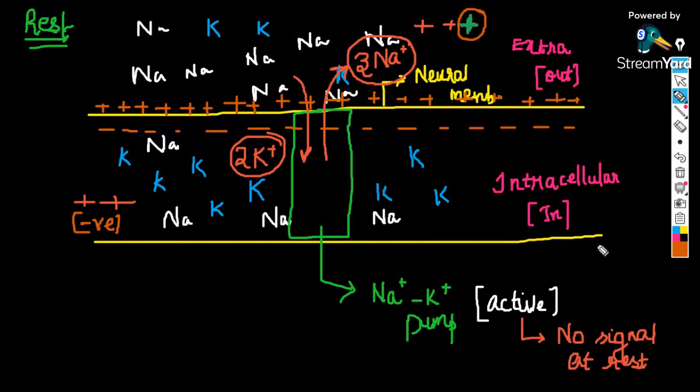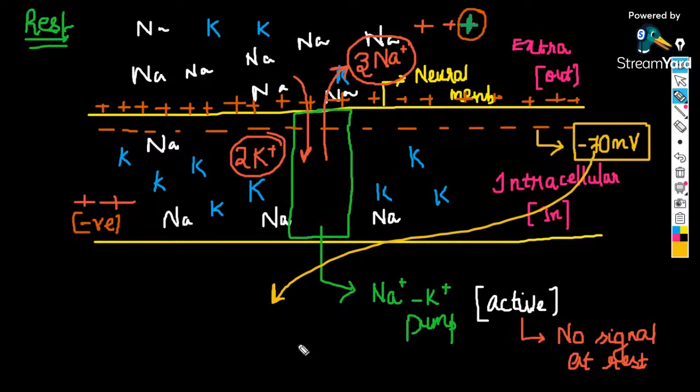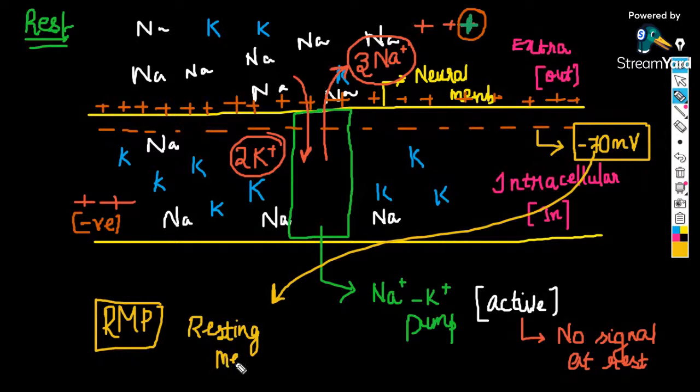The negative charge inside is actually minus 70 millivolt. This minus 70 millivolt is known as the resting membrane potential, RMP. The potential in the resting membrane of a neuron. That is the meaning.